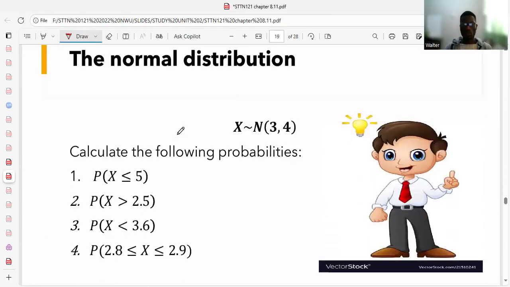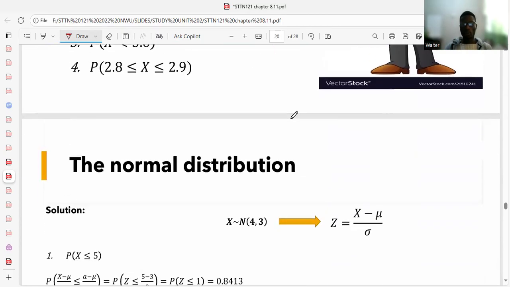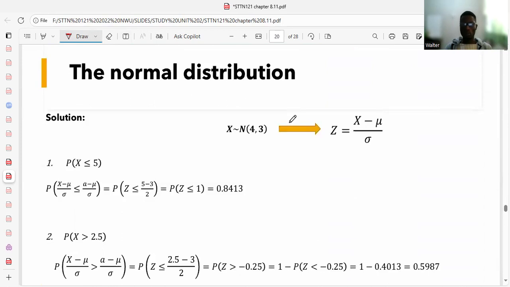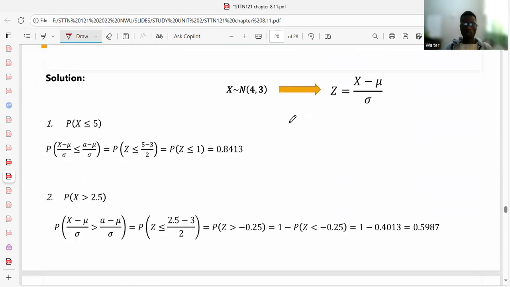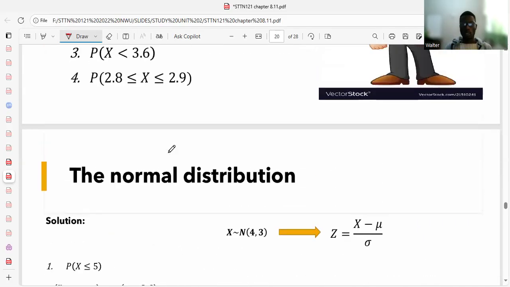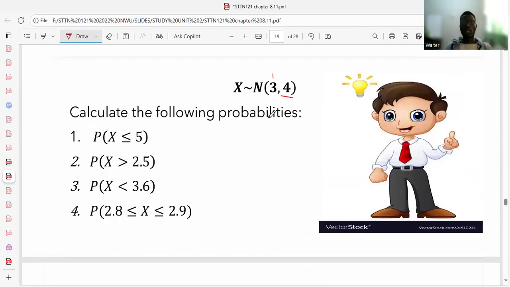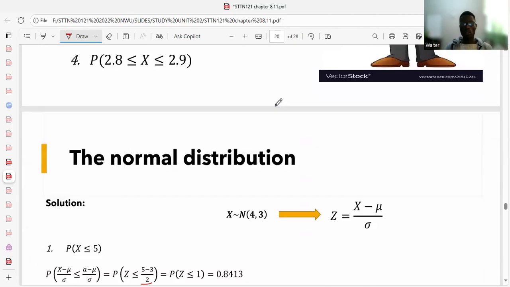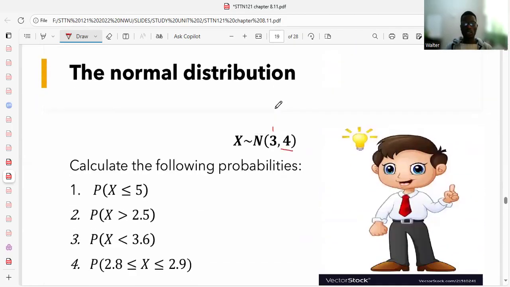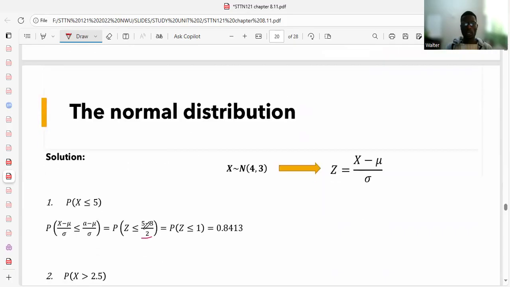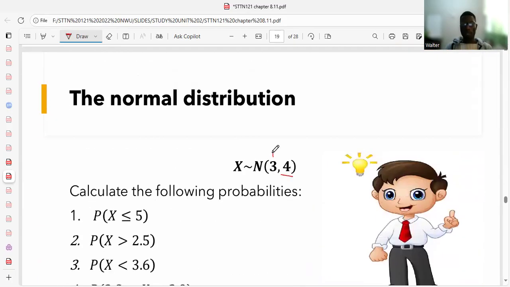Let me show you something. We see this one. It was 4. Population mean is 3, and then the variance is 4. The reason why, because population mean in this case is equal to what?